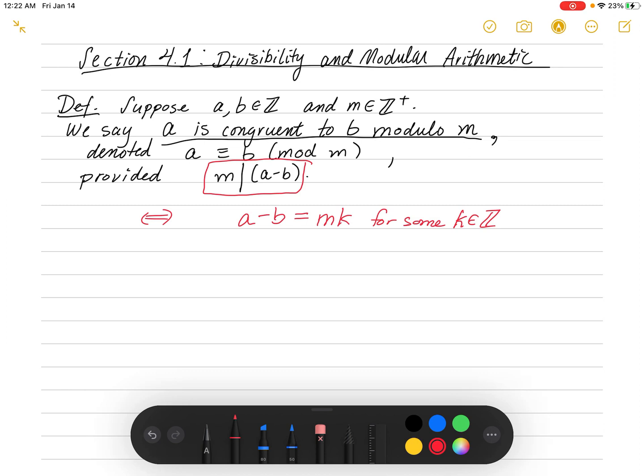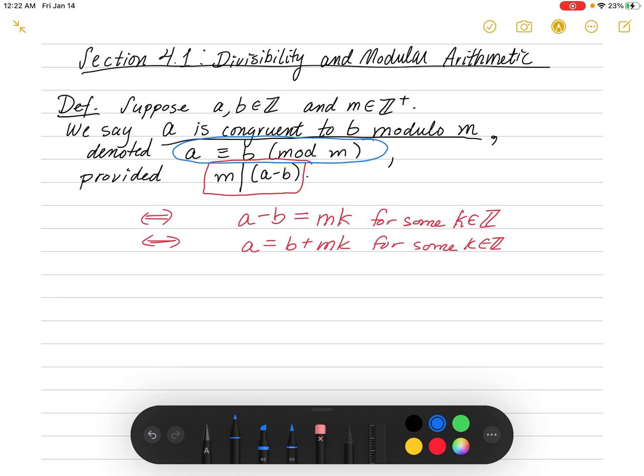Now if I were to add b to both sides of this last equation, I get a equals b plus mk for some integer k. So these are three different ways that we can state a is congruent to b mod m.